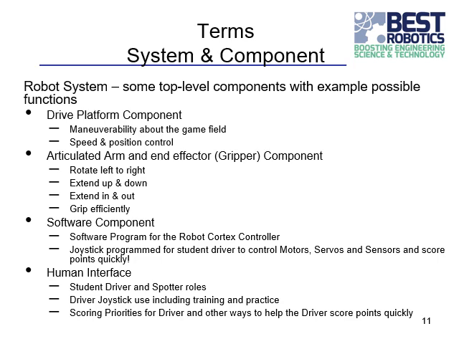I mentioned in general robots have a drive platform. You need to maneuver about the game field. You need to be able to have speed and position control. So these are examples of functions that part of the robot needs to do. And that's, in this concept, a component that goes into this bigger bucket of robot system.